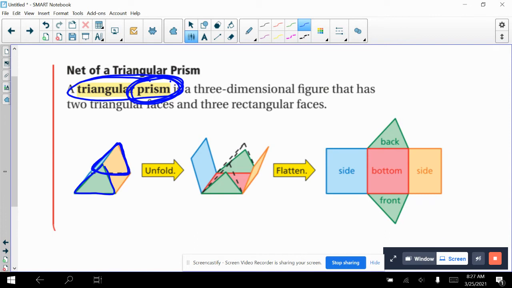The two sides that are parallel to one another are triangles. Hence, it's a triangular prism. Yesterday, they were rectangles. That's why they were called rectangular prisms. The two sides that share the same shape and are parallel to one another, that's how it becomes a prism.